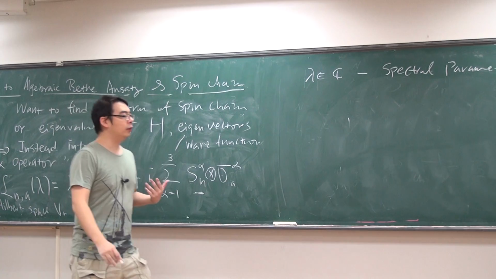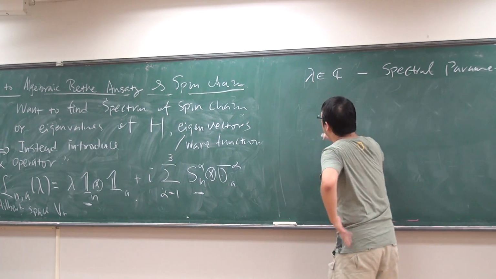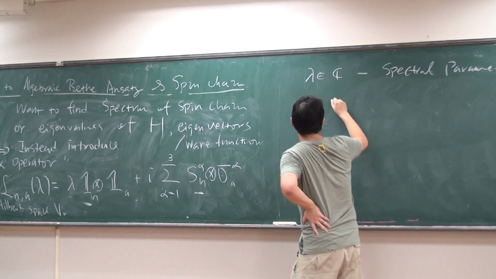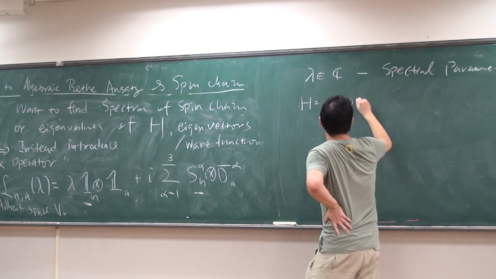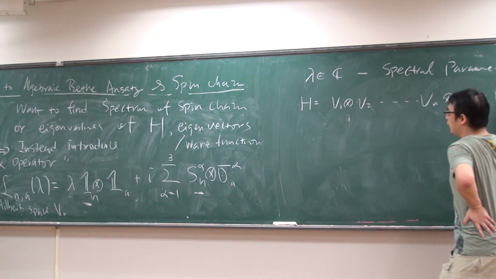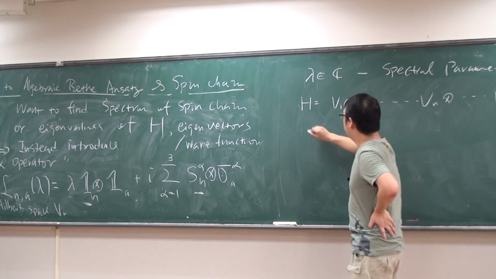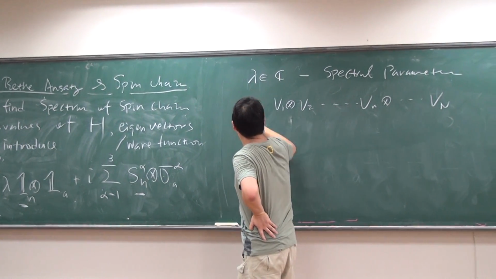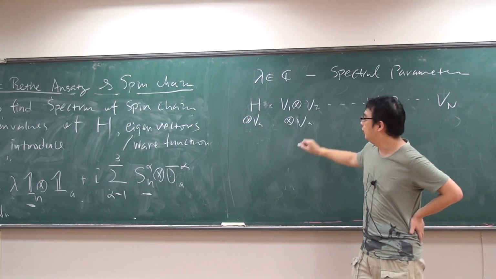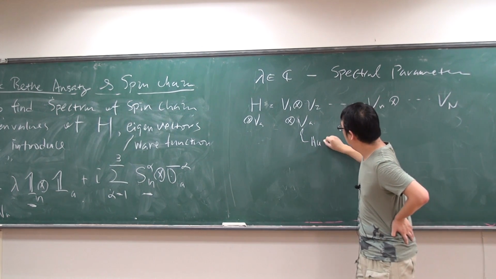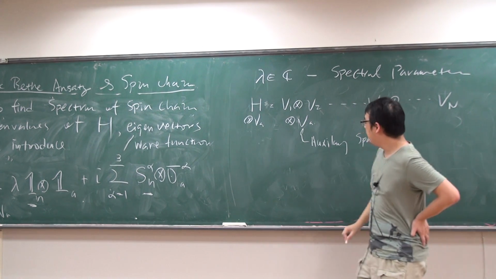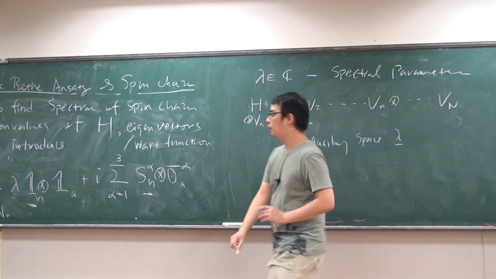So now, if you extend that to an n-site spin chain, our original Hilbert space would be something like V1, V2, up to Vn. But now we have another space attached to it, our auxiliary space, and they are labeled by lambda.